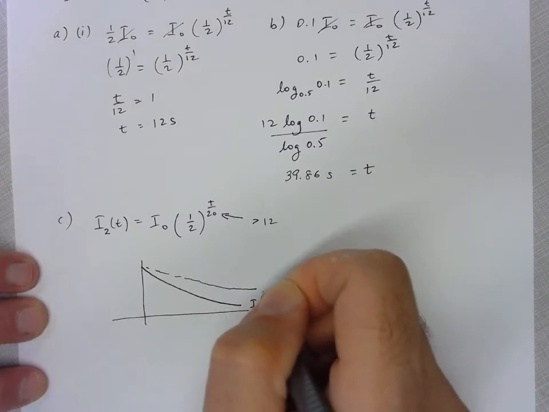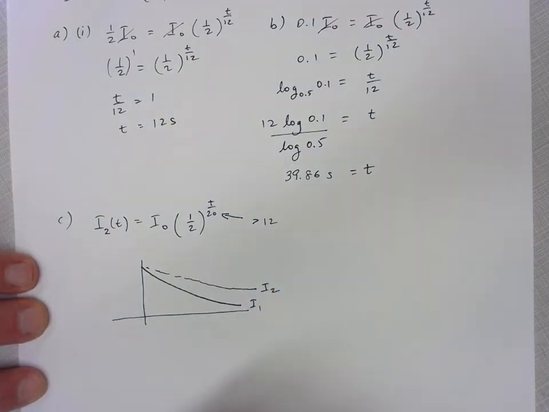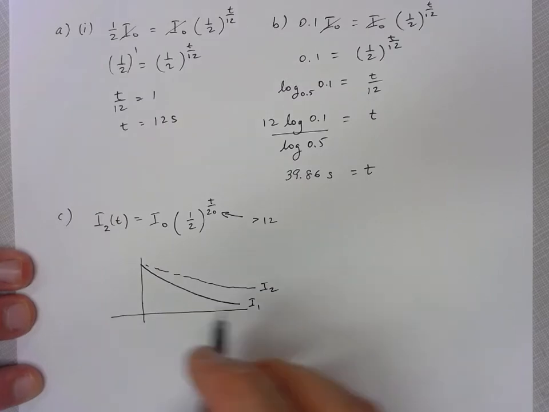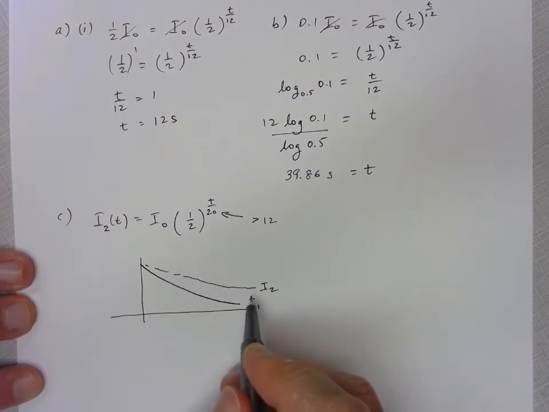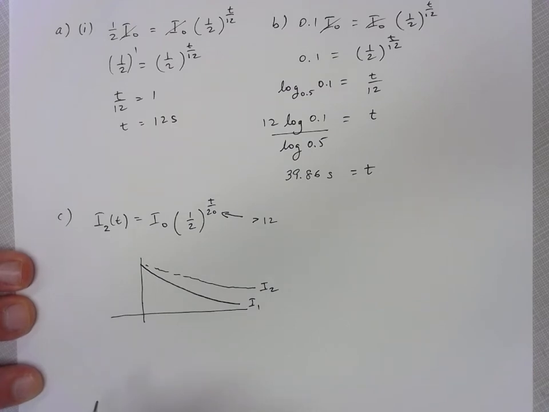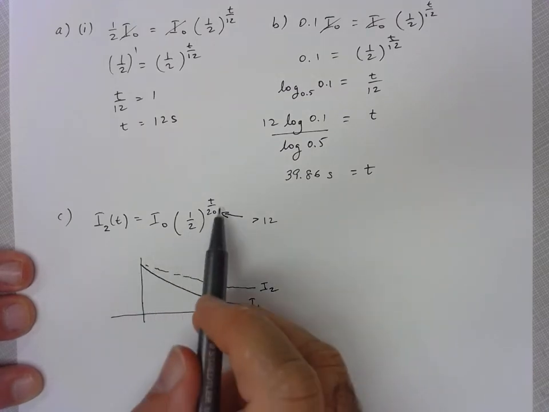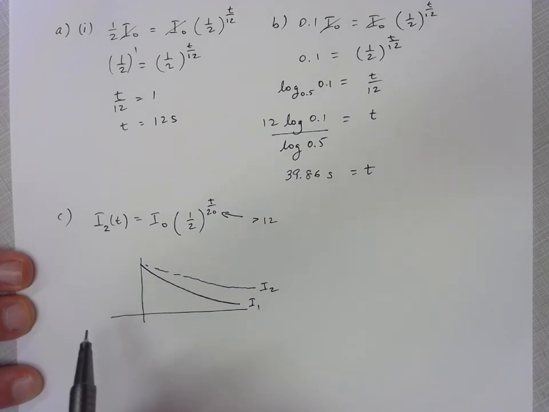It still approaches 0, but much slower. It makes sense because as time goes on, we see that the intensity is higher than what it would have been under the original graph. So again, we can just consider that as being a horizontal transformation. That's it for this one.